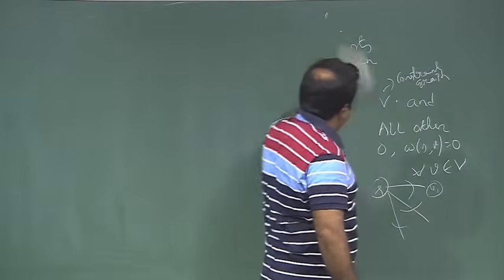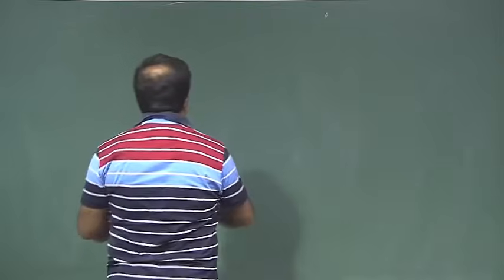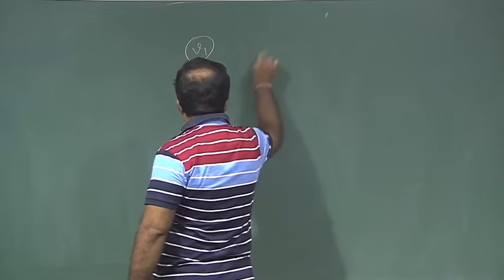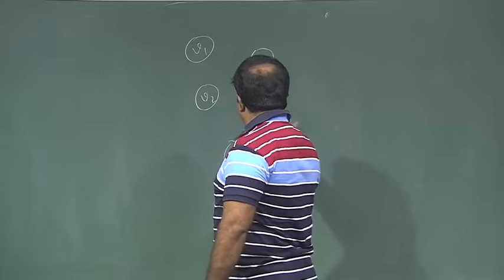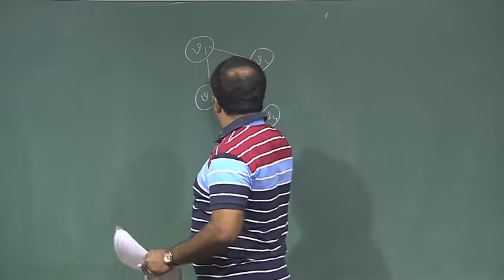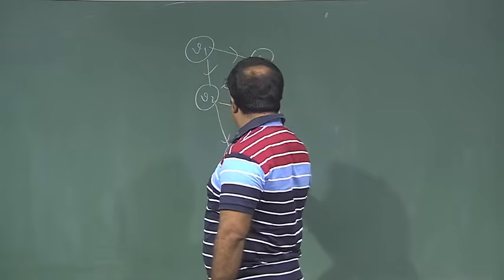So let us just draw that graph. Basically we have the constraint graph, say we have some vertices V1, V2, V3, V4, V5, and depending on the constraints, they are connected somehow.